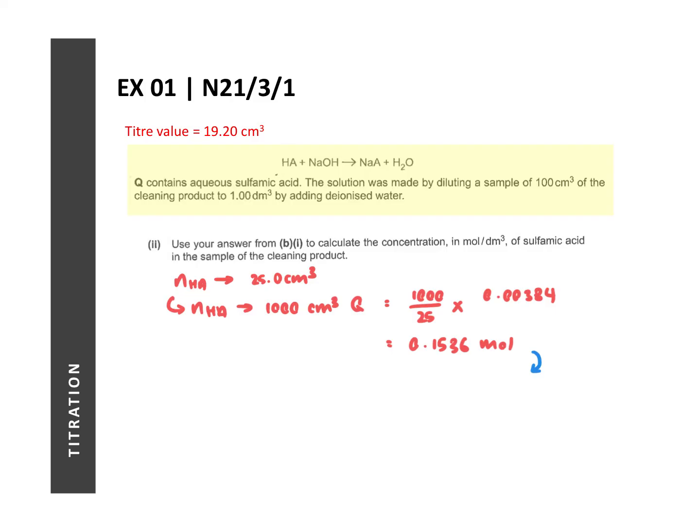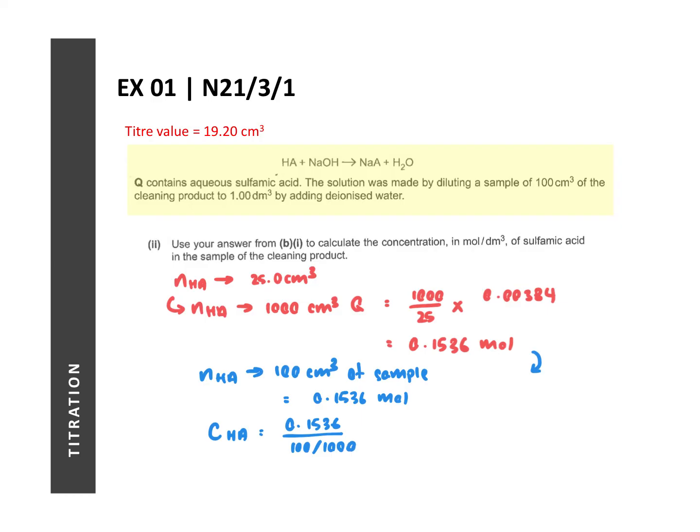So if there's 0.1536 moles of acid in the final solution of Q, that means that the 100 centimeter cube of sample also contained 0.1536 mole. With that in mind, we can find the concentration of acid, which is just equal to the number of moles divided by the volume. Now the volume would be the volume of the sample, which is 100.